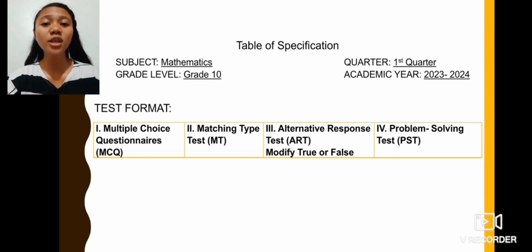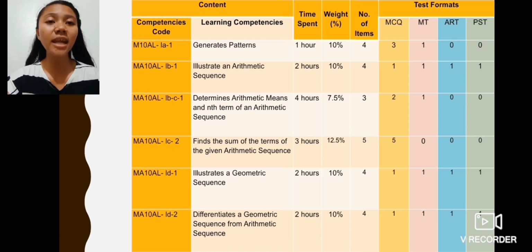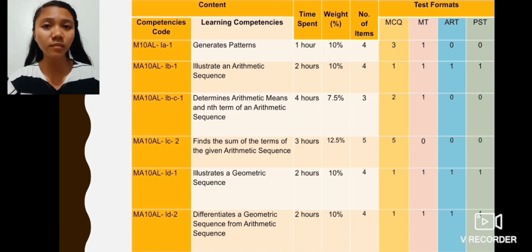This TOS shows 4 test formats in making test items: the multiple choice questionnaires, the matching type test, the alternative response test, specifically the modified true or false, and lastly, problem-solving test. The table of specification na ginawa namin is an example of one-way TOS based doon sa discussion ng previous reporter about the different formats of TOS.